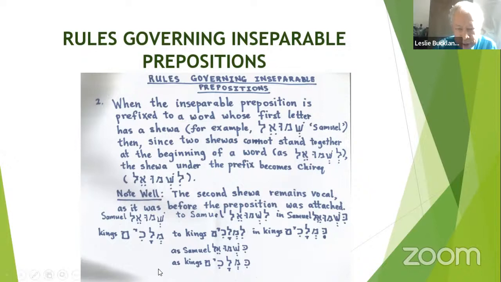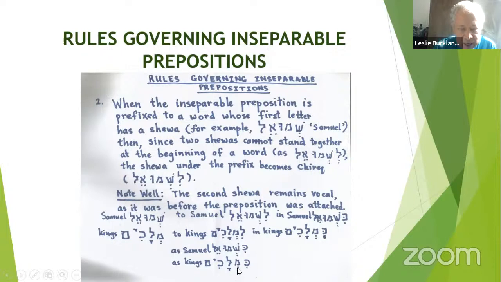So that same principle applies in other nouns. To kings, you have le melakim. In kings, you have be melakim. This is supposed to be a short hirik. The ink got away on the paper, so the dot looks bigger than what it should be. This is be melakim, in kings.